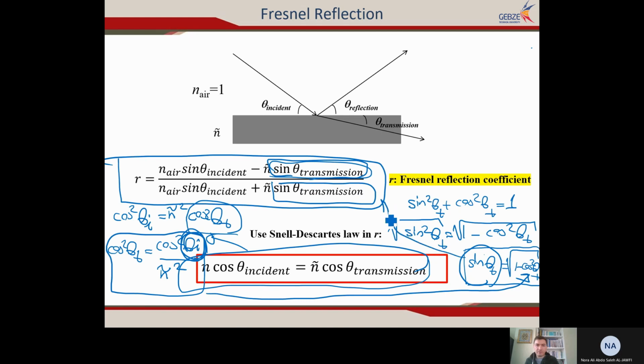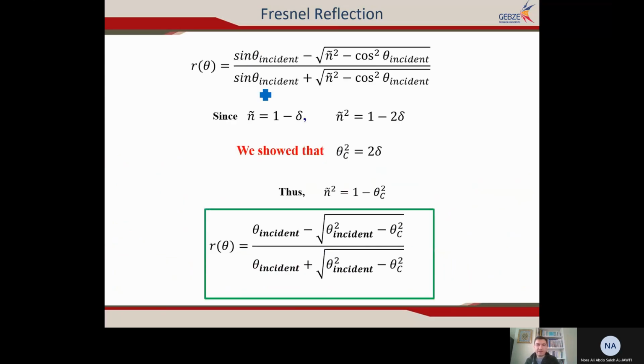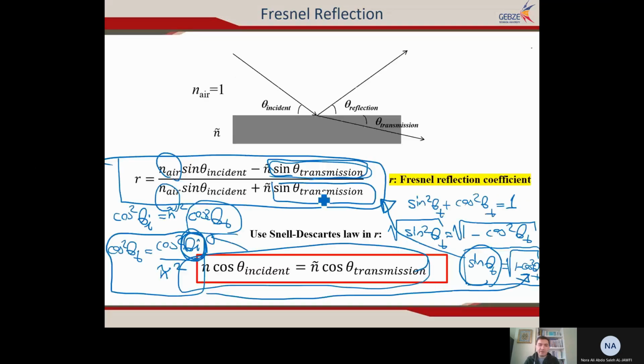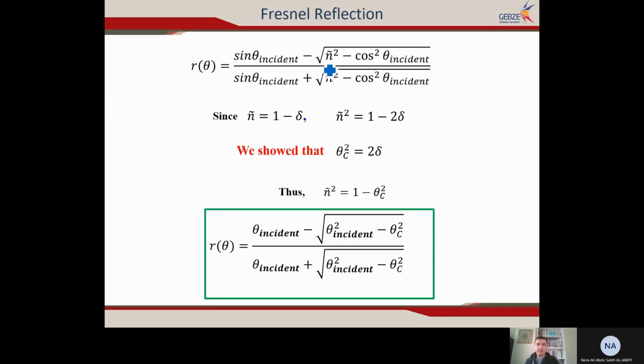Just use this expression. And here we have n air, it is 1. Then here we have sinus theta incident, sinus theta incident. And on the right side, if you do these calculations, you can get the square root of n square minus cosine square theta incident. And here we have the positive sign of the same term.